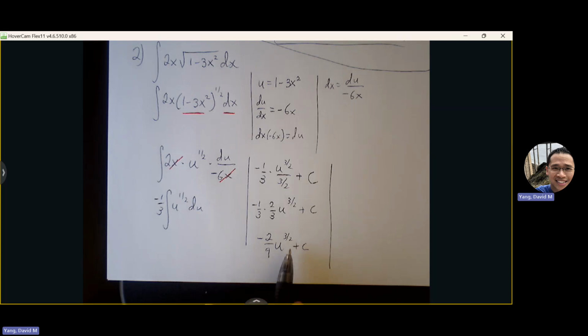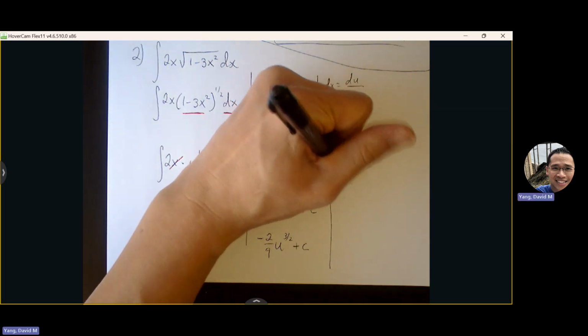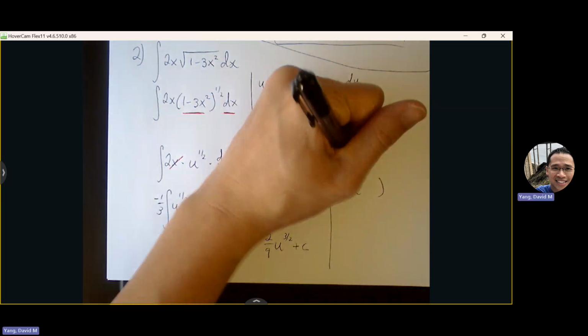And don't forget, if you're doing U substitution, that U variable needs to be brought back in terms of x at the end.